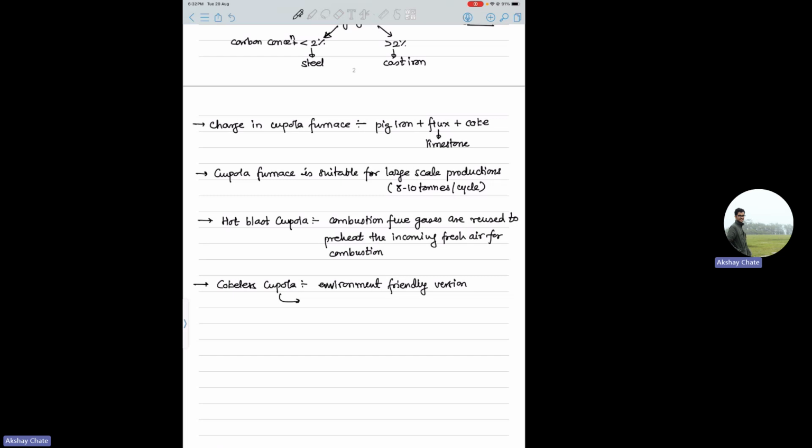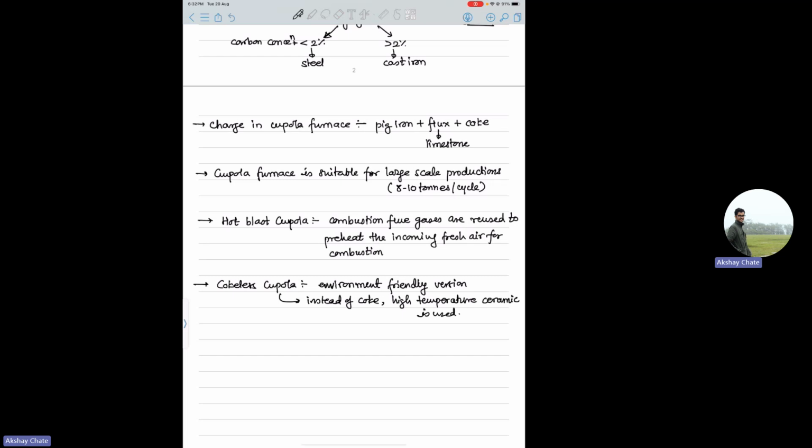So instead of coke, high temperature ceramic is used.